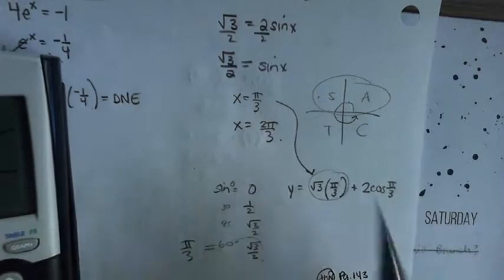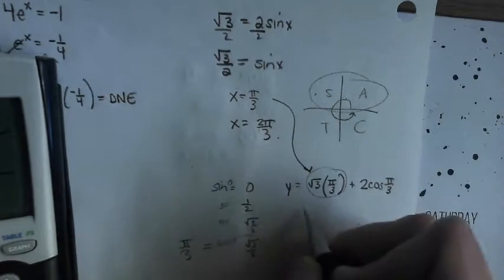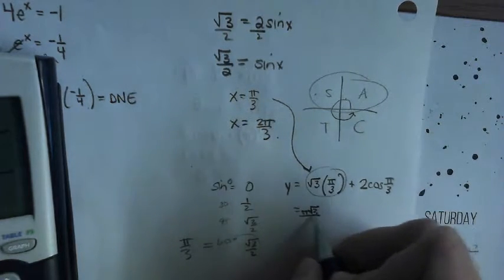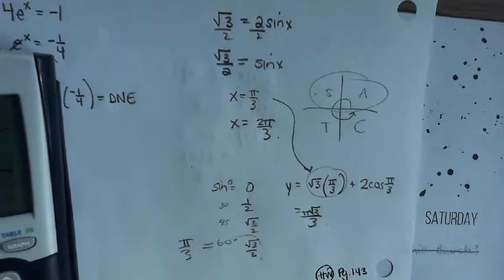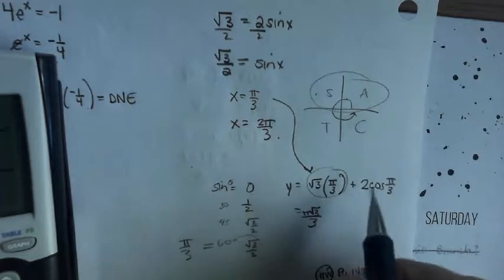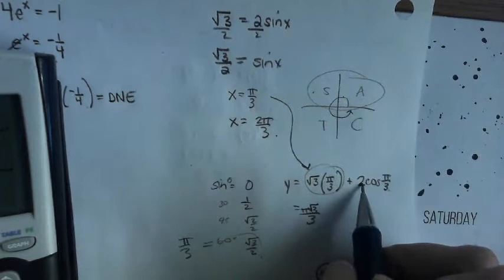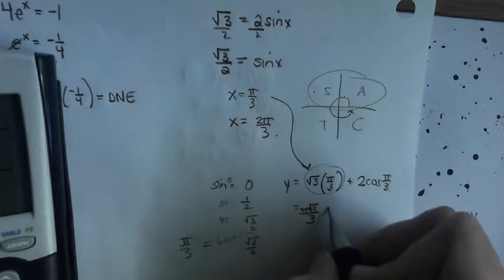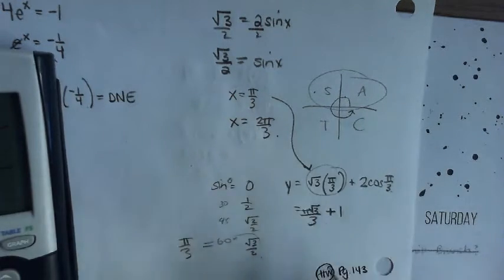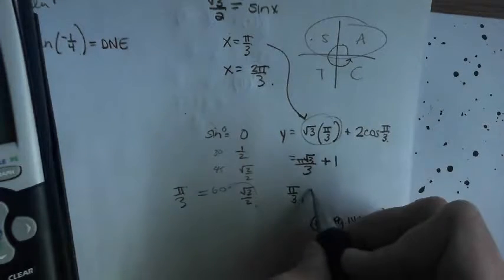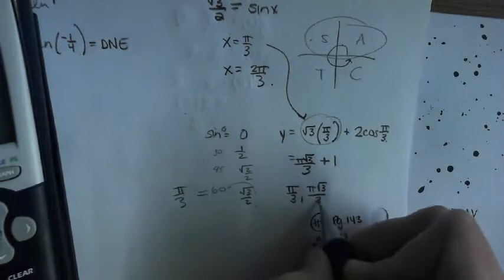That number I'm never going to come up with an exact value for, so I'm just going to leave that as pi root 3 over 3. Probably more accurate. And then the cosine of pi over 3 is 1/2 times 2 is 1. So that's the y coordinate. So your point would be pi over 3, comma pi root 3 over 3 plus 1.